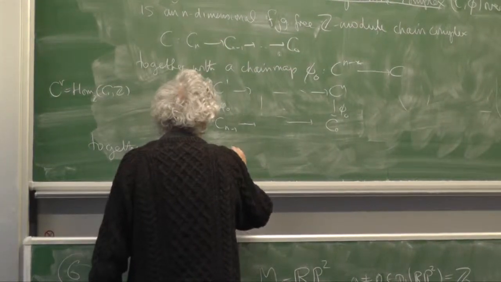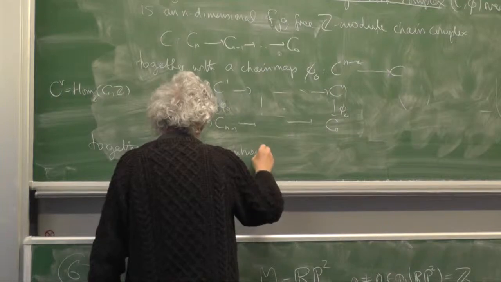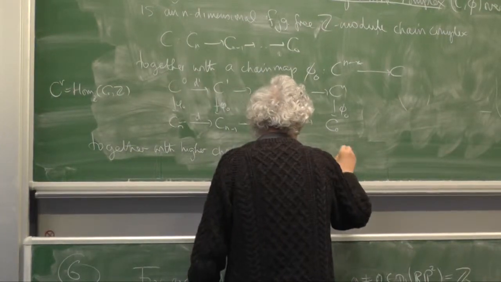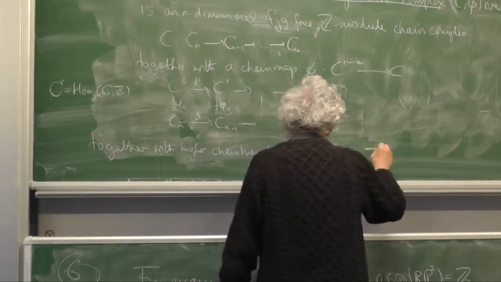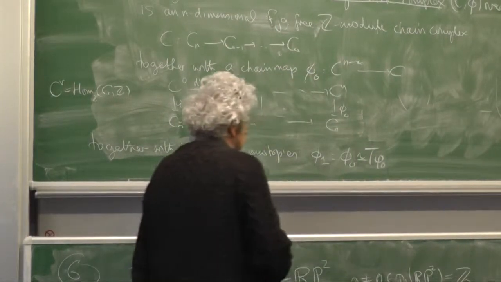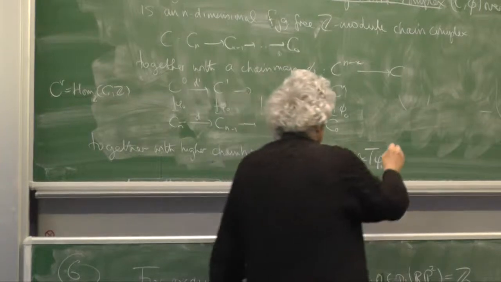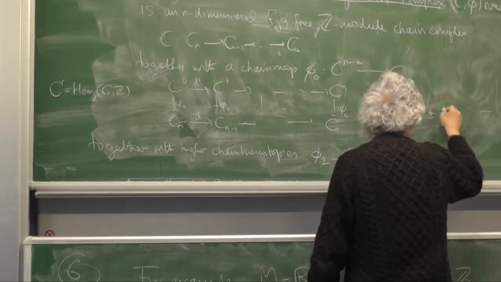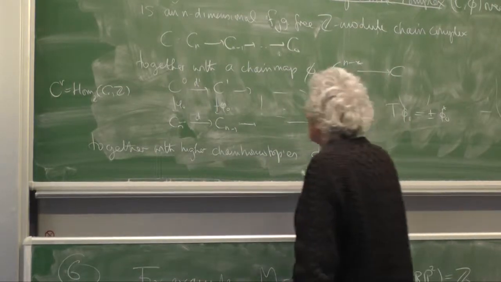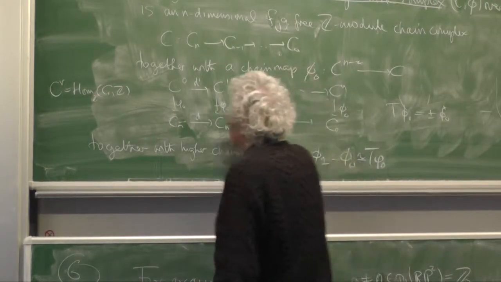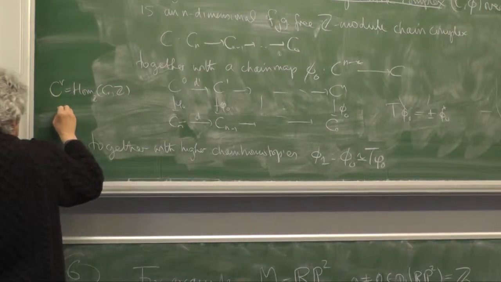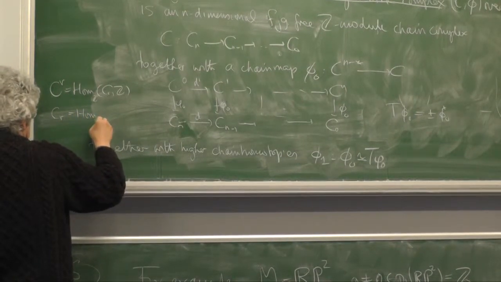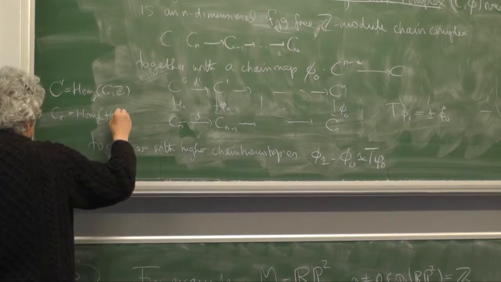So what do I mean by a higher chain homotopy? Firstly, the first one, not yet higher, is this. T phi naught is plus minus phi naught star. So the point about this being finitely generated free is that CR is also Hom Z. The double duality, this is where.